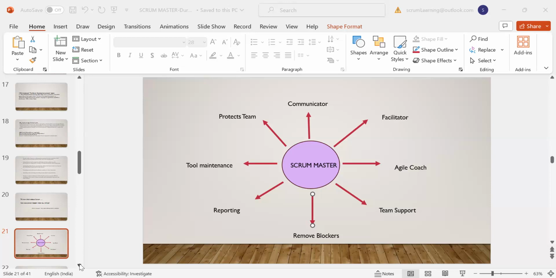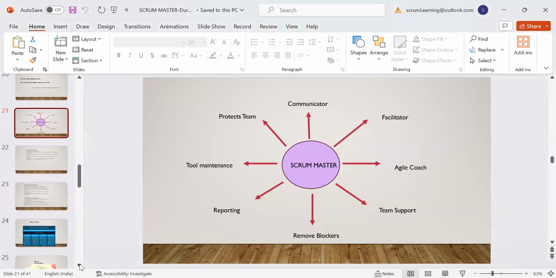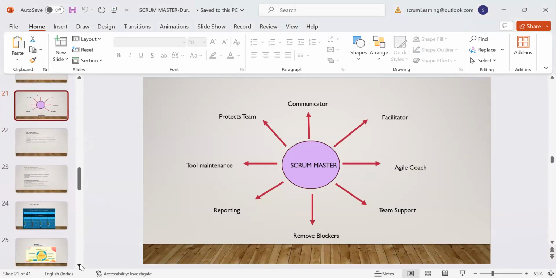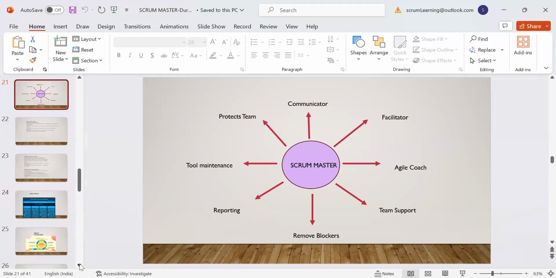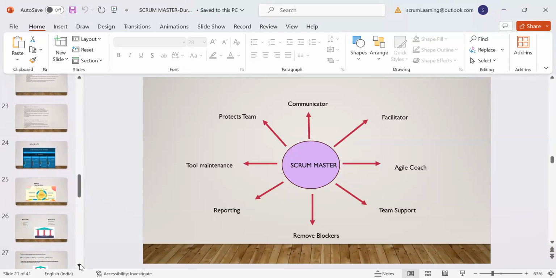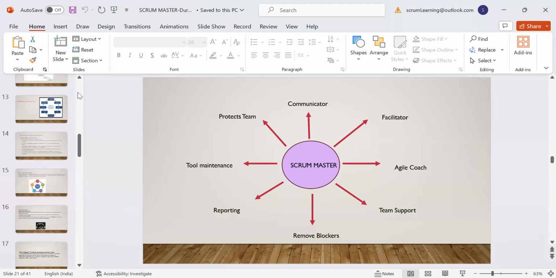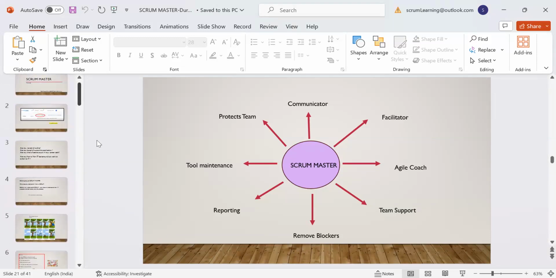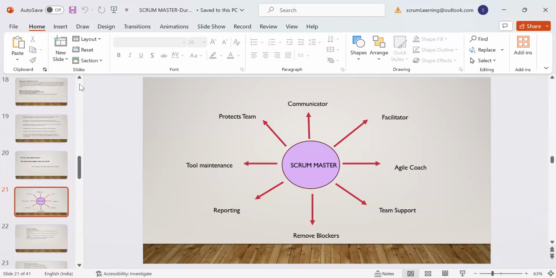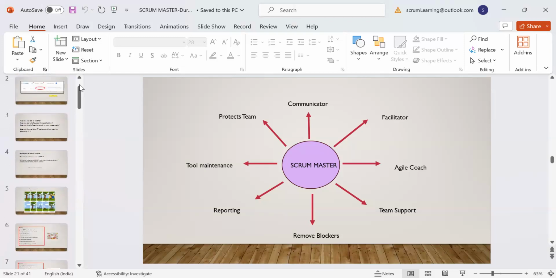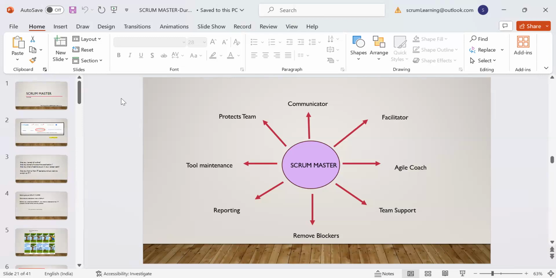Sir, I have a question here. When I'm Googling, I found that there are so many certifications under Scrum Master. If I attend these classes, will I be able to write the Scrum Master certification test? Yes, exactly.